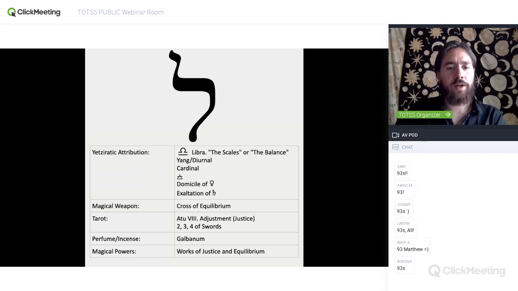All right, so for our Yetzirah attribution, it's a single letter, so we know it's going to be one of the signs of the zodiac, and this is Libra. Now, Libra is the scales or the balances, or the balance. Often the glyph and the meaning just refer to an inanimate object, but I think it also makes sense to think of this as a person holding scales.